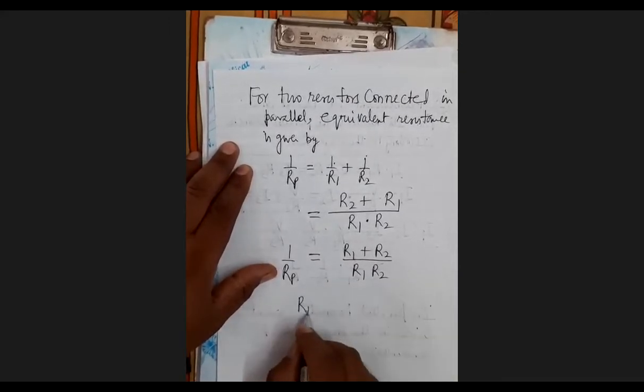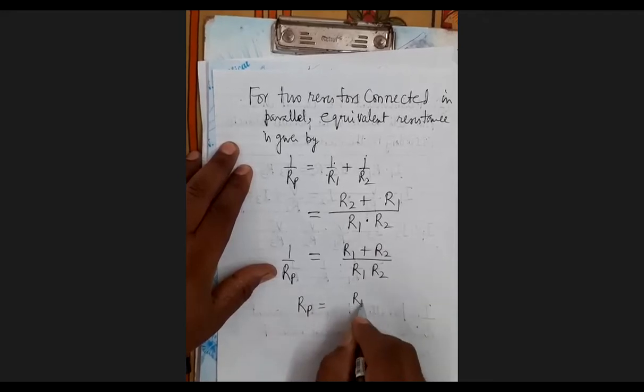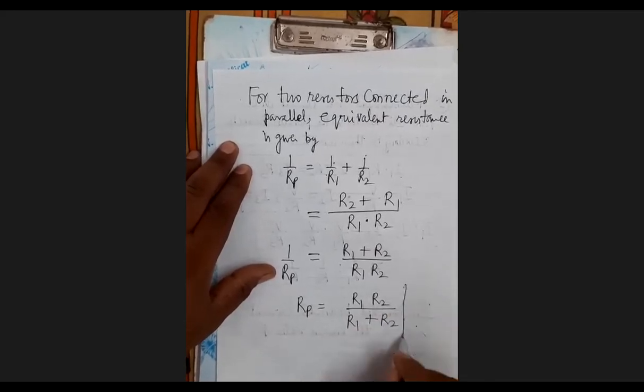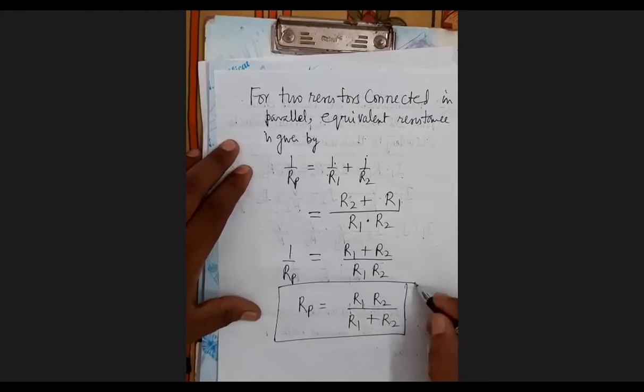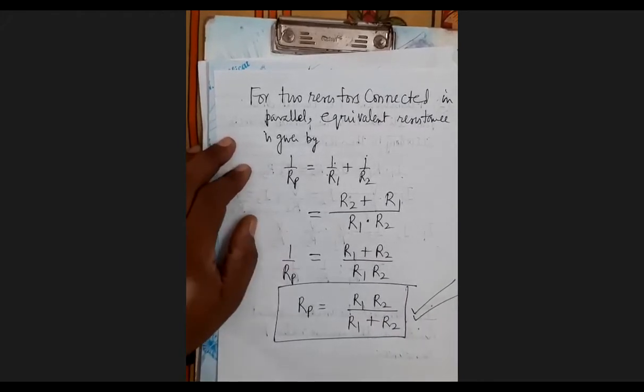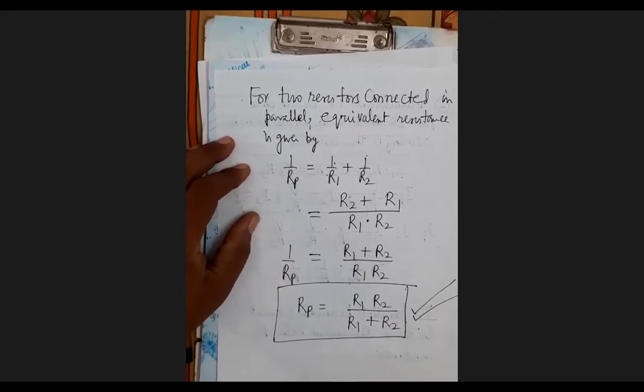So what is Rp? It will be R1 R2 upon R1 plus R2. So in case of two resistors, we will remember this formula. If there are only two resistors connected in parallel, then we will use this formula.